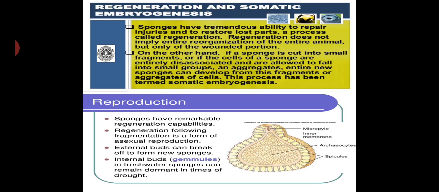So this is another photograph showing the structure of a gemmule here, and you see there is an opening called micropyle, and as I said earlier, outer and inner membranes are there, and in the center there will be the presence of an undifferentiated mass of archaeocytes.